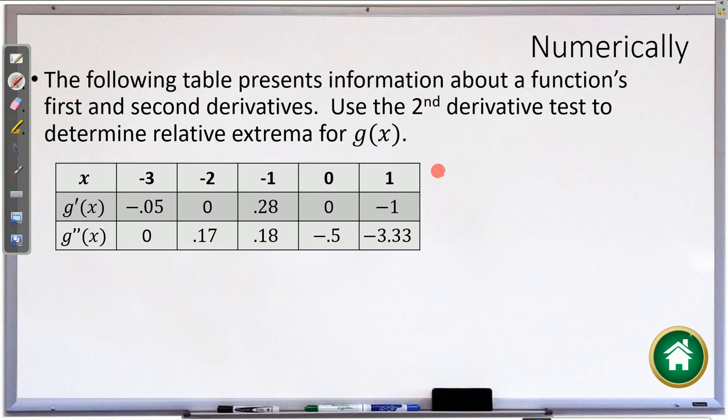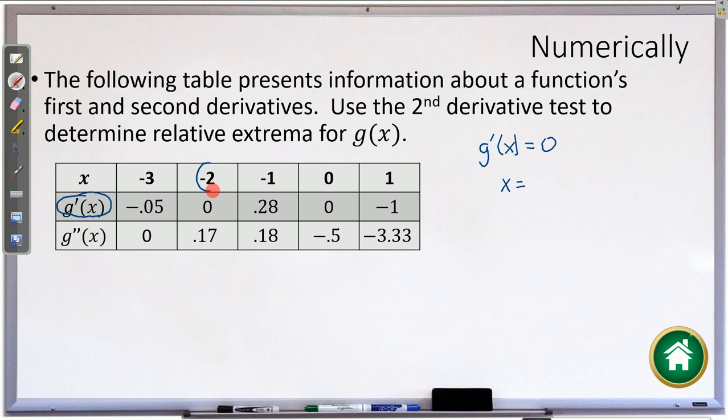So we just want to do the exact same steps as last time. Last time, the first thing we did was we took the derivative. Well, hey, look, it's right here. Then we set that derivative equal to 0, and we solved the equation. Well, take a look. Here the derivative is equal to 0.